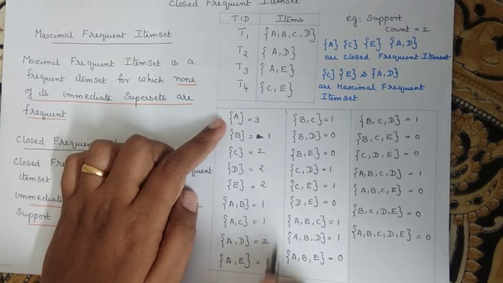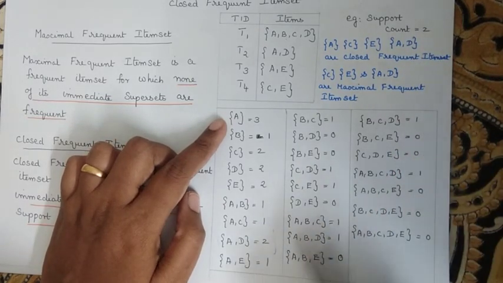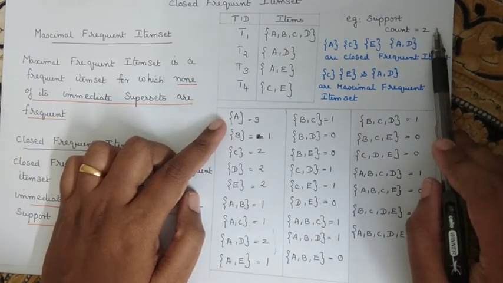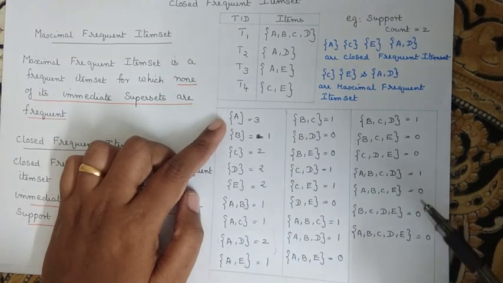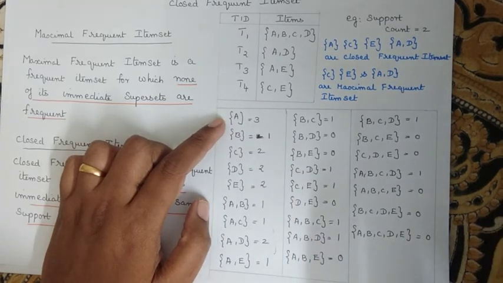AD is frequent, because it satisfies the minimum support. If a particular set satisfies the minimum support, then I call that set a frequent set. So I can't call A a maximal frequent item set.